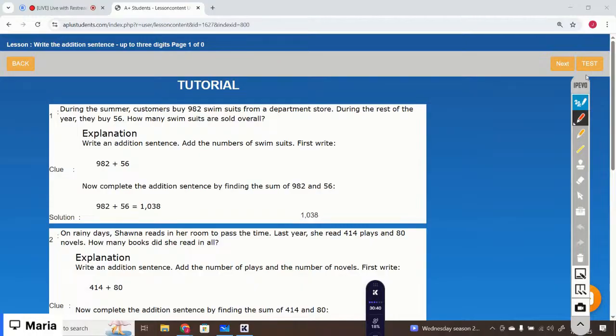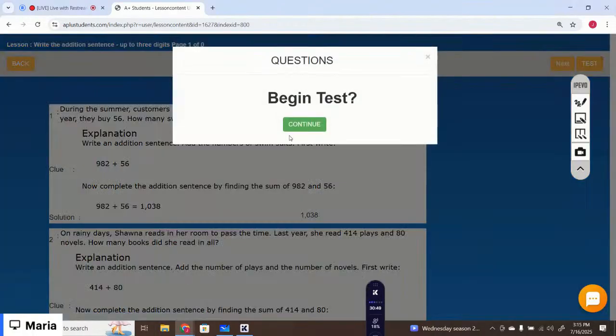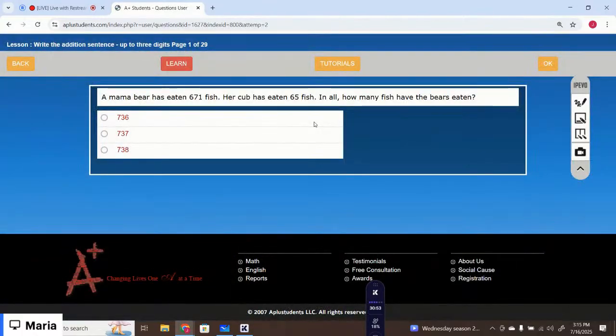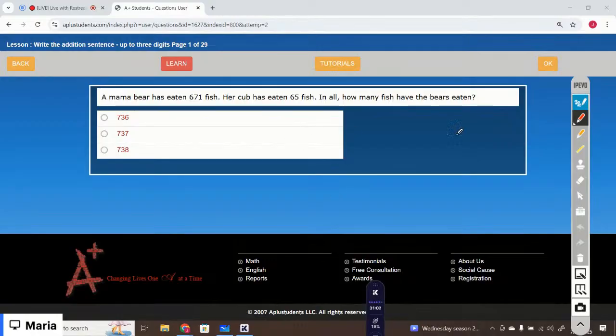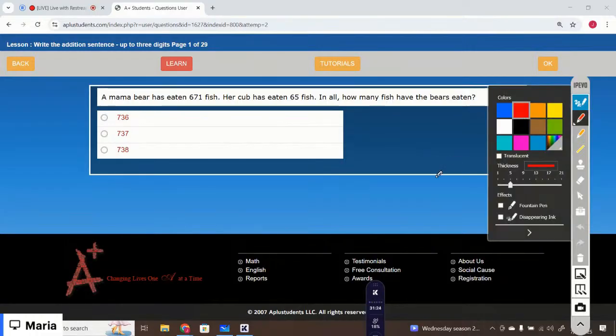Let's start with the test questions. A mama bear has eaten 671 fish, and her cub has eaten 65 fish.